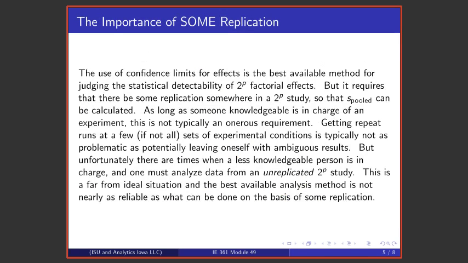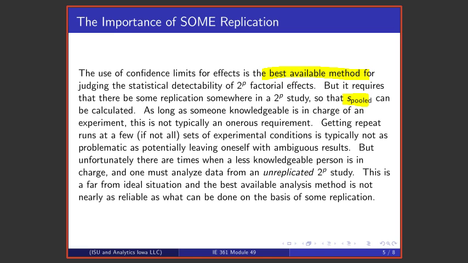This idea of using margins of error based on confidence limits to judge the detectability of factorial effects really is the best available method. It requires that someplace in the data set there's some replication so that a pooled S can be calculated. As a matter of fact, one doesn't have to have replication at every single set of conditions.